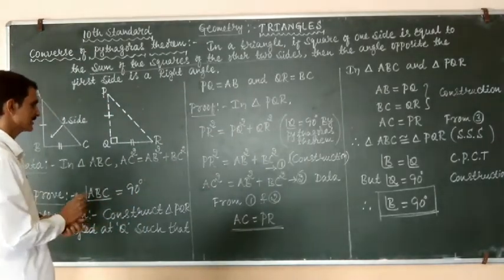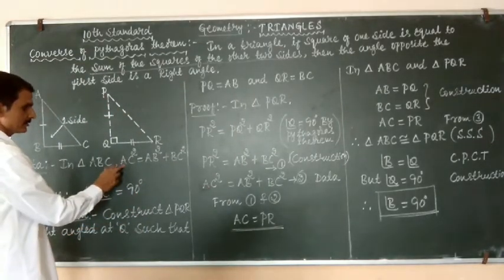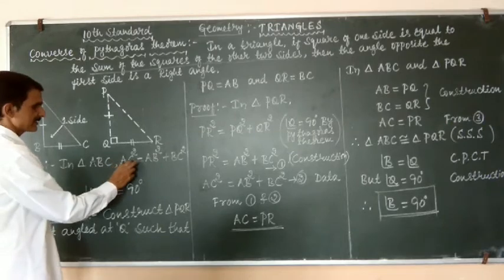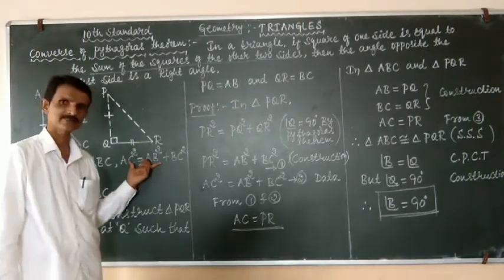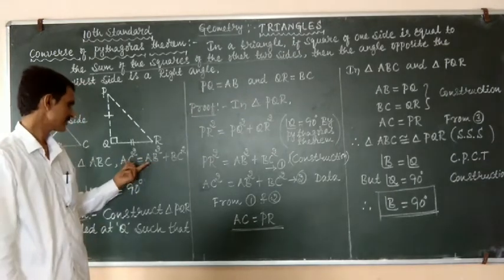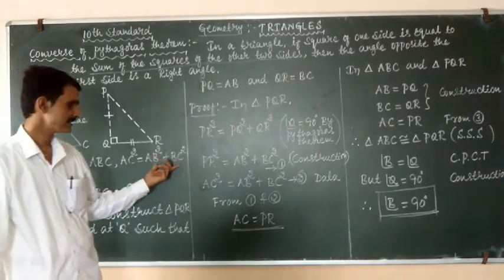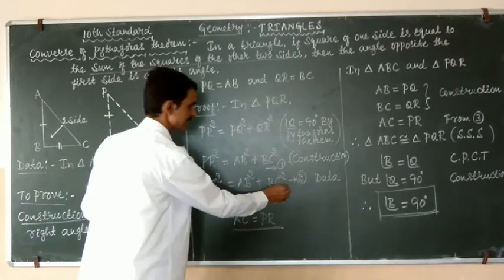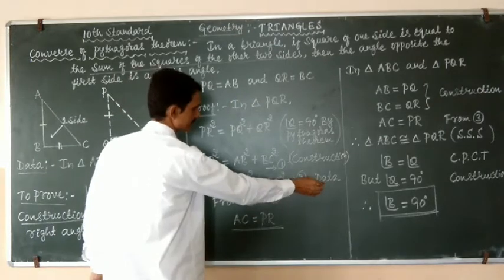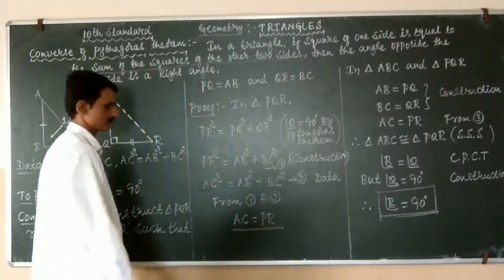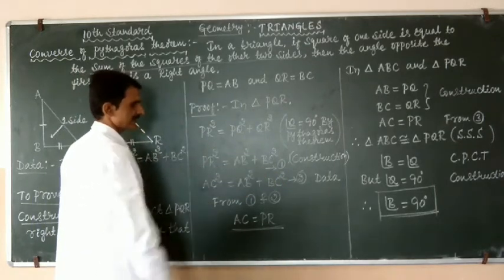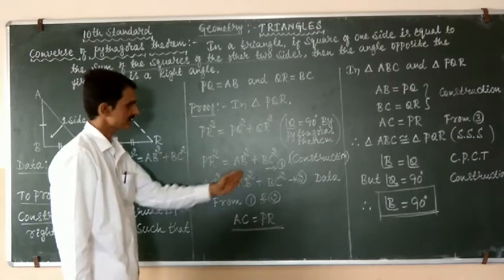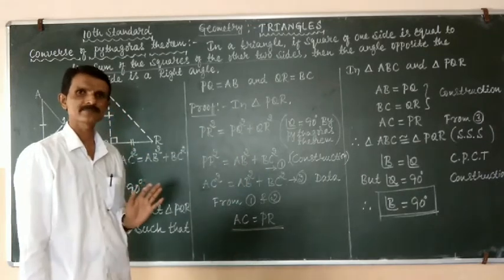But students, by data we know that AC square is equal to AB square plus BC square. Call this equation number 2. This is from data, and that is from construction. If you observe the RHS of both equations 1 and 2, the RHS is the same.